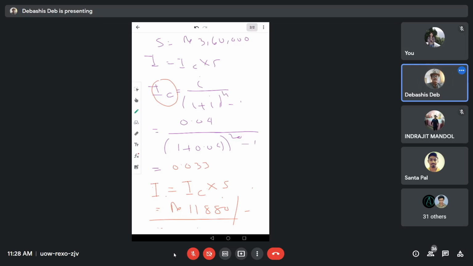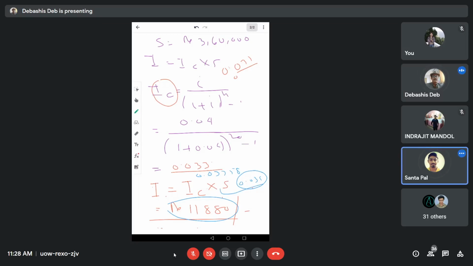But in mathematics, normally after decimal, we can take two digits, three digits. So instead of writing 0.033, you can write the actual figure. What is the actual figure coming? Let me check again. 0.03358175. So if I take 0.034, there will be a separate value, but all are equal because it will be checked what factor you have taken.